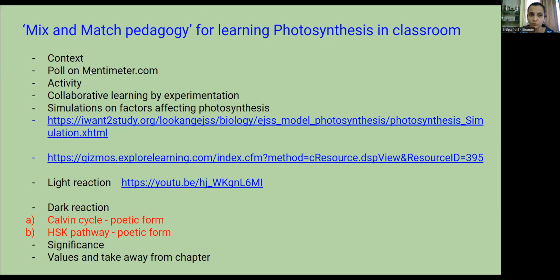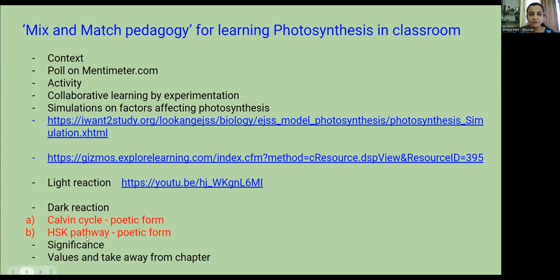Then we can go for the poll. Then we will take an activity. Then we can take collaborative learning experimentation. Then we can show simulations. Then we can show some videos. Then here I have written the dark reaction, that is the Calvin cycle and the HSK pathway. For this, I have created some poetic forms.